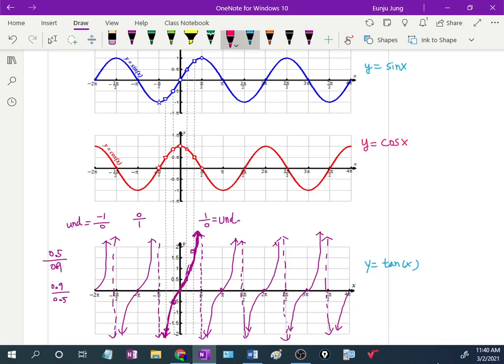Now let's see, what is the domain of a tangent function? Can I say all real numbers? No, I cannot say all real numbers, right? Why? Because we have vertical asymptotes, infinitely many, right? Where are the vertical asymptotes? Pi over 2, 3 pi over 2, right? Those numbers.